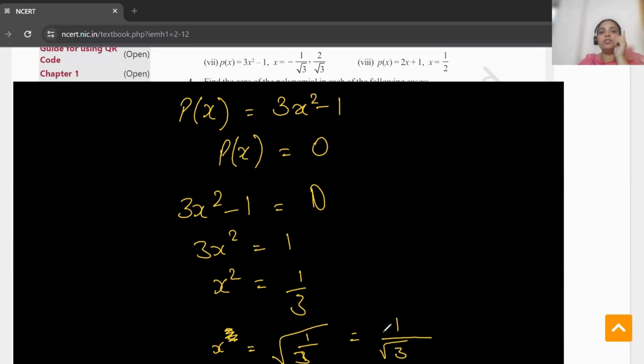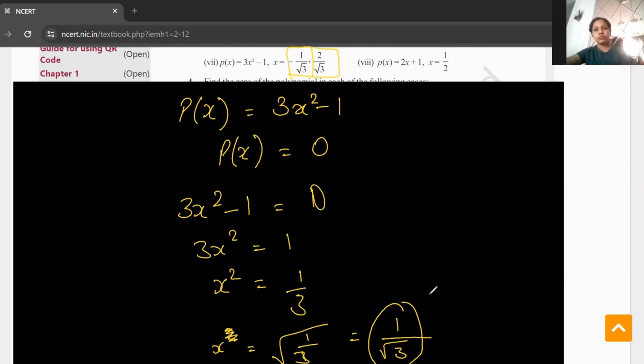But one thing we need to keep in mind is that this is 1 by root 3 that we are getting. Are we getting these two things here? No, ma'am. Nope. So that means these are not the zeros. Understood? But I'll solve it the other way also.